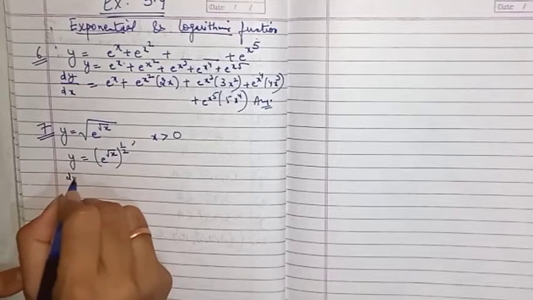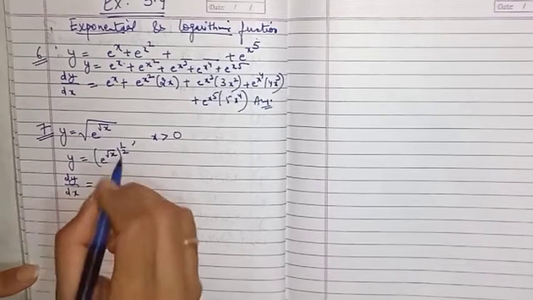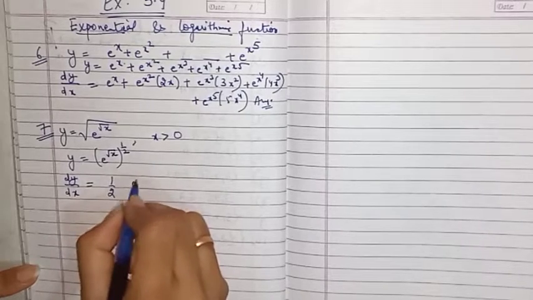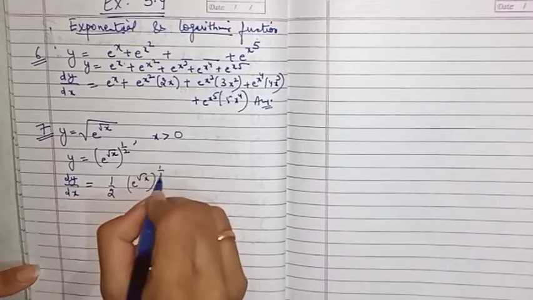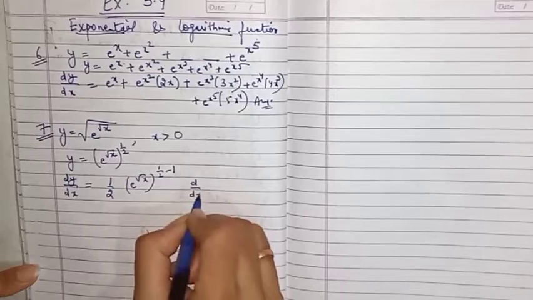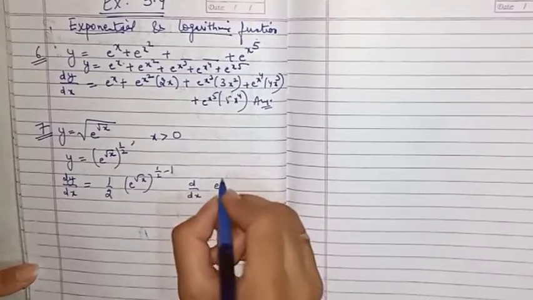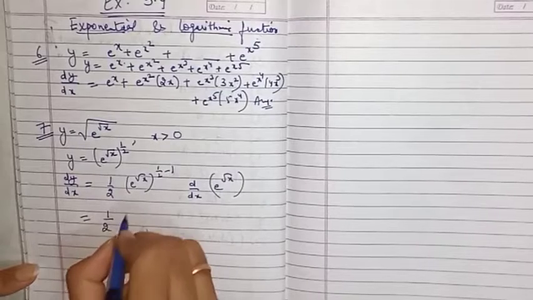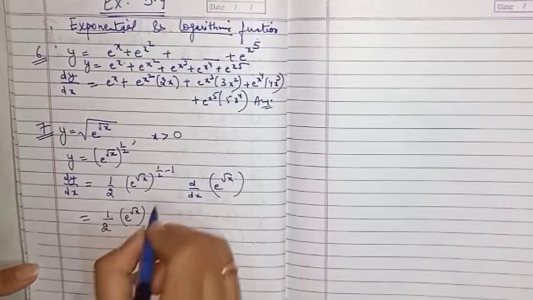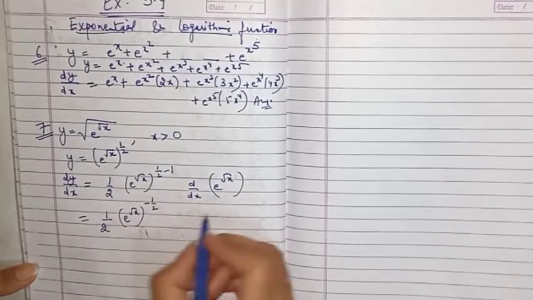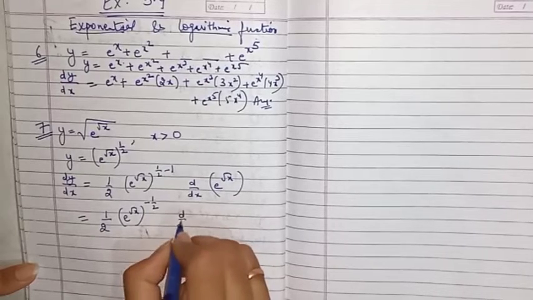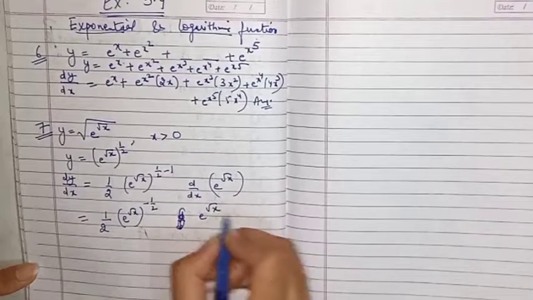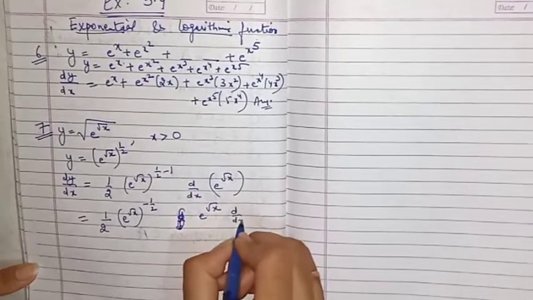What will be my dy by dx? First I need to apply the power rule here. 1 by 2 e power root x, power 1 by 2 minus 1, into the derivative of e power root x. That is 1 over 2 e power root x into the derivative of e power root x, that is e power root x into the derivative of root x.